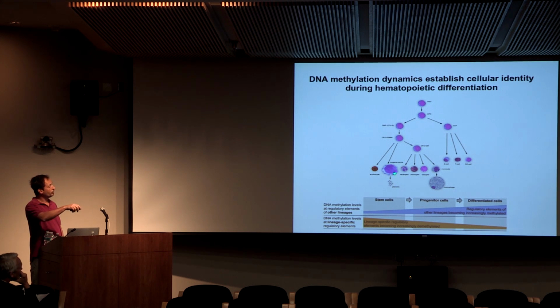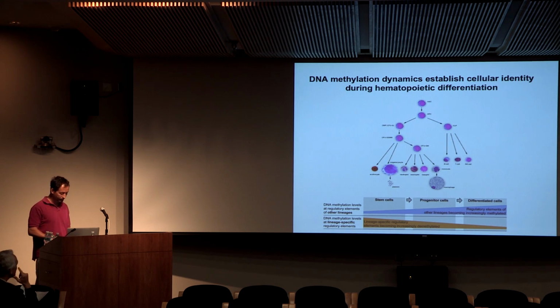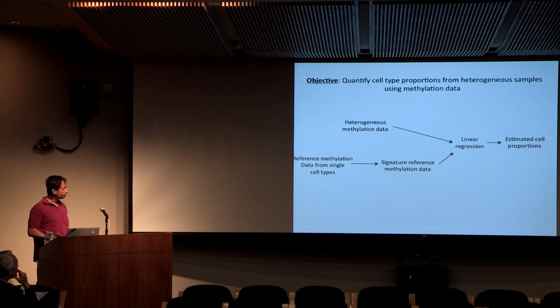As hematopoietic stem cells differentiate into the different lineages, there are distinct sites within these cells that have specific methylation changes. So by looking at the methylation profiles of the fully differentiated cells, we can find sites that are specific to that one lineage.